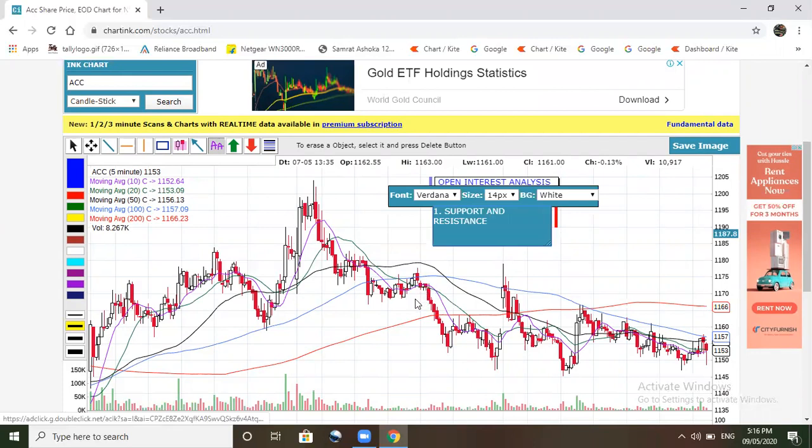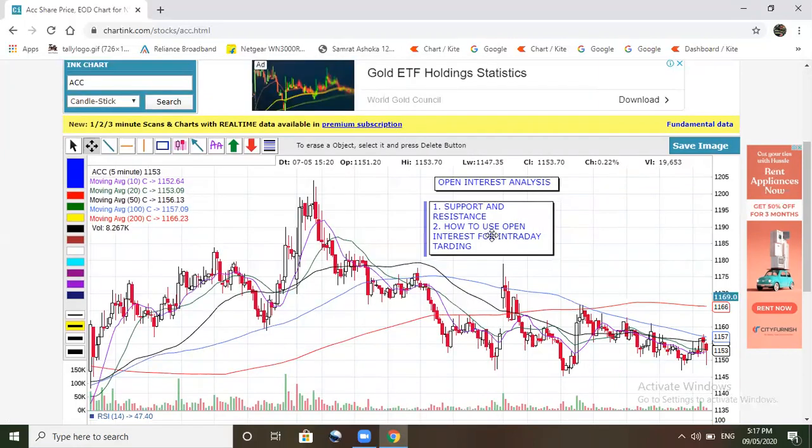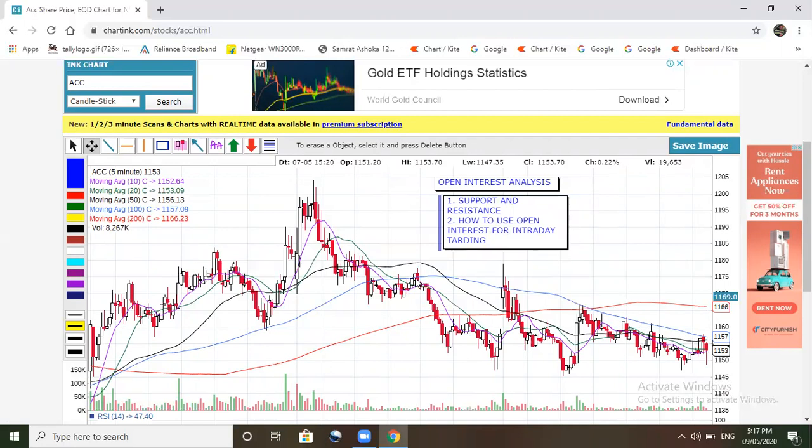And second is how to use open interest for intraday trading. So to understand these things, first is how to find support and resistance, and second is how to use open interest for intraday trading. For this, we are going to use the NSE India website.